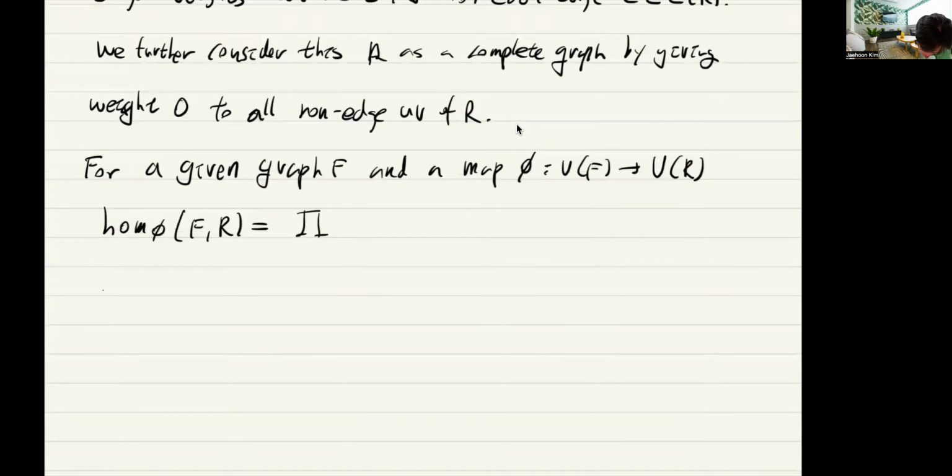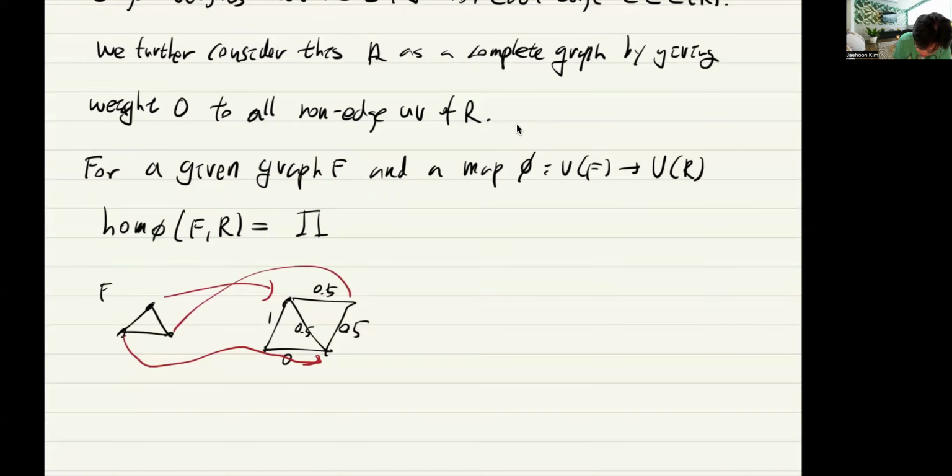So what's this? Let's say F is a triangle. If R is an edge-weighted graph with weights 1, 0.5, 0.5, and assuming that your pi maps these three vertices in this way, we multiply these three, which is, for each edge in F, you consider the weight on this edge and you multiply.